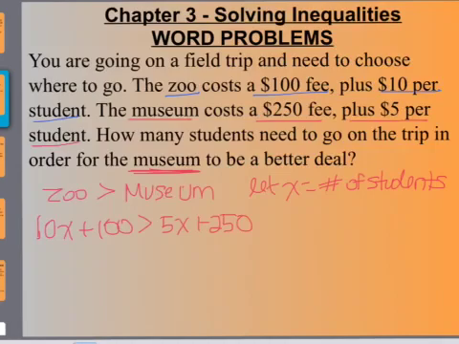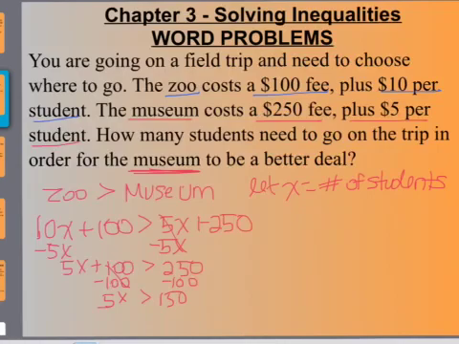Well, first thing we need to do is isolate the variable, get it to one side of the inequality. So we get 5x plus 100 is greater than 250. Then we want to get the variable by itself. 5x is greater than 150. Divide by 5, and you get that x is greater than 30.